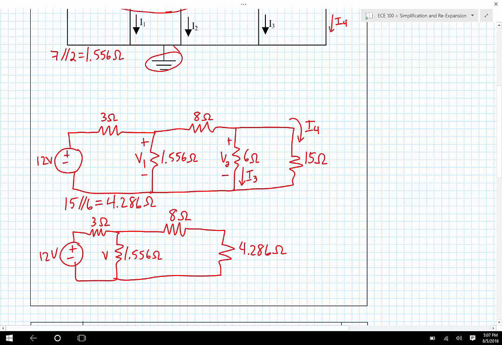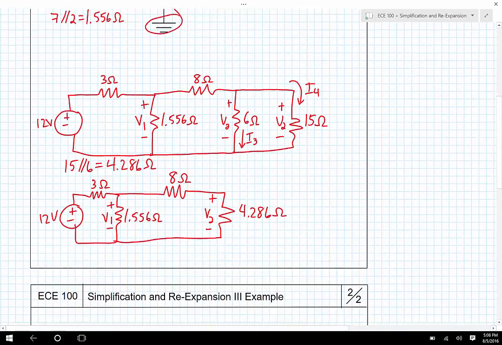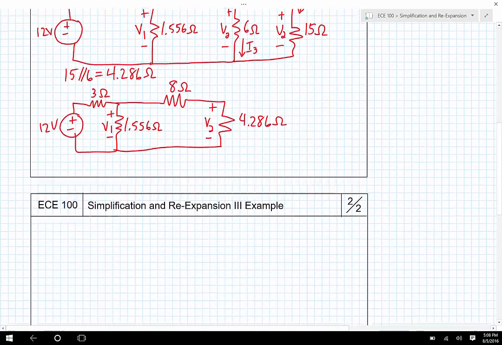Well, I've still got V1, let's see, V2 is not only across the 6 ohm resistor, but V2 is also across the 15 ohm resistor. So I can still label V2 as being across the combination of those two resistors, but I3 and I4 are both gone. So unfortunately now we're down to just 2 of the original 6 variables that still remain, and I have to progress to a second page.